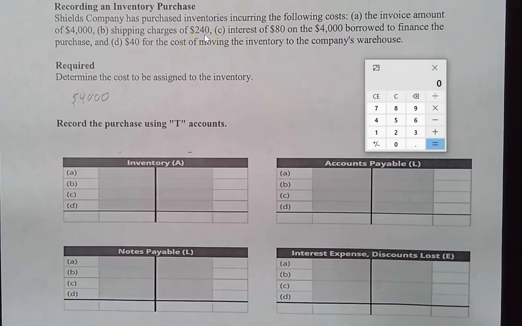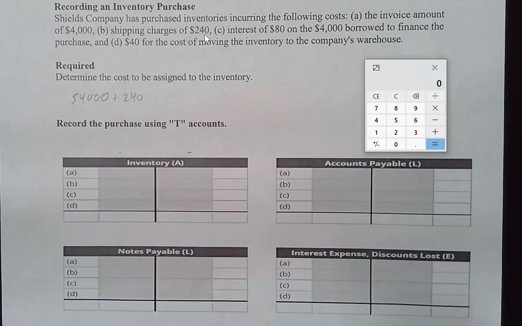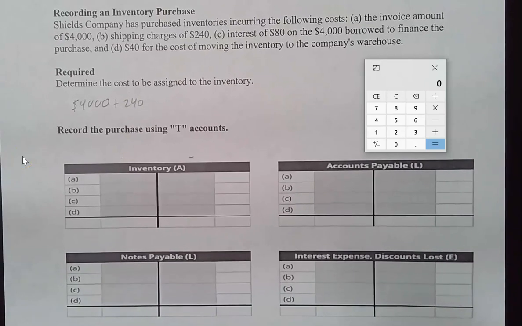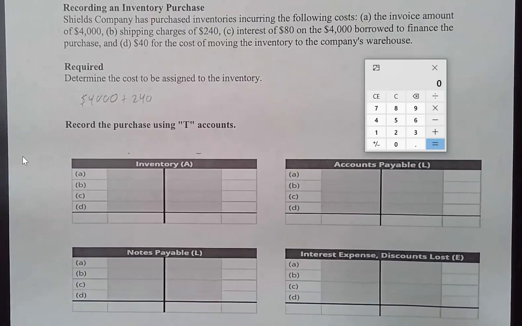We do have $240 of freight charges that we're going to want to add to that. However, interest is a peripheral item on the income statement only, whether it's interest expense or interest revenue. So we're not going to count this $80 here, at least in terms of inventory value. And then finally we have D, $40 for the cost of moving the inventory to the company's warehouse.